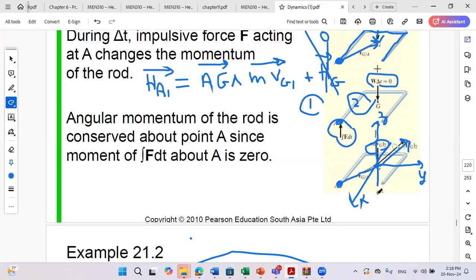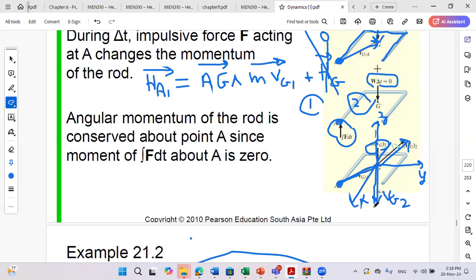So you can do some analysis to simplify your calculation. Vg at state 2 is perpendicular to AG. And since AG is horizontal, Vg at state 2 will only have one component along K. And you can already say from your analysis that Vx is 0 and Vy is 0. If you didn't pay attention to this, it's not a problem. When you write the relation between A and G, you will see this.